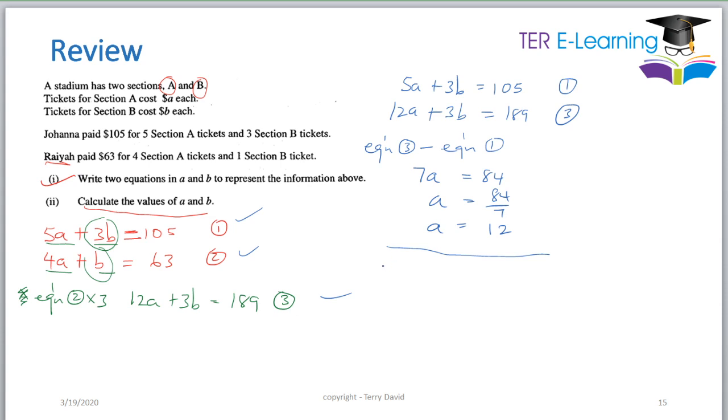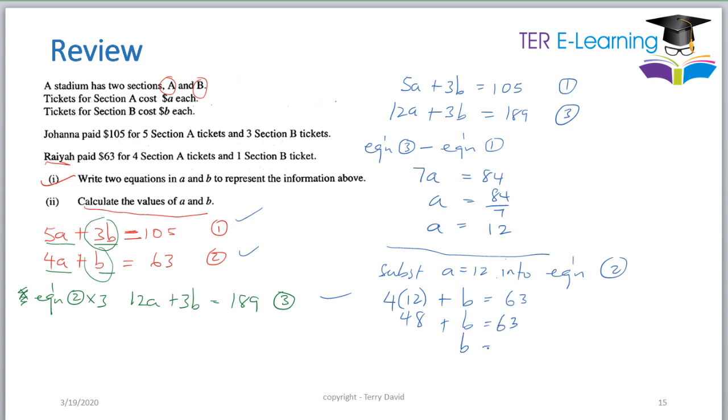I'm going to substitute A equal 12 into equation 2. That's what I'm going to do. So therefore 4 by A, so that's 4 by 12 plus B is equal to 63. 12 4s are 48 plus B is equal to 63.